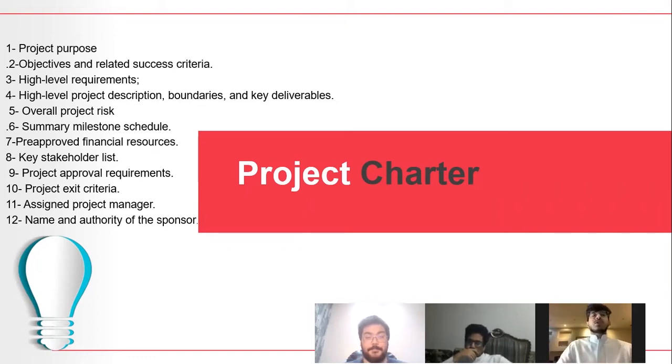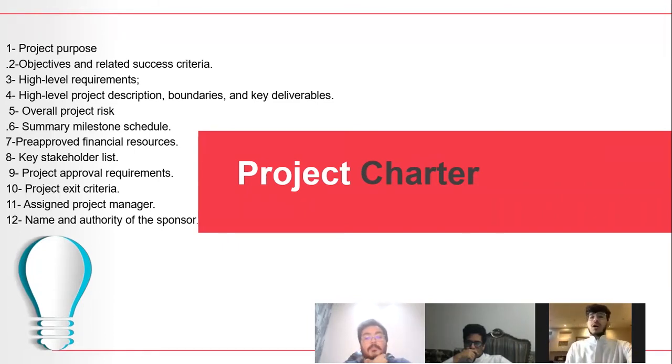First, the project charter is very important for any project you want to do, because the project charter must have the high-level requirements, and the project charter is the foundation for any project you want to do.